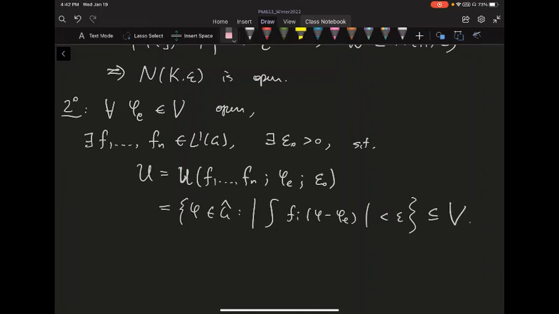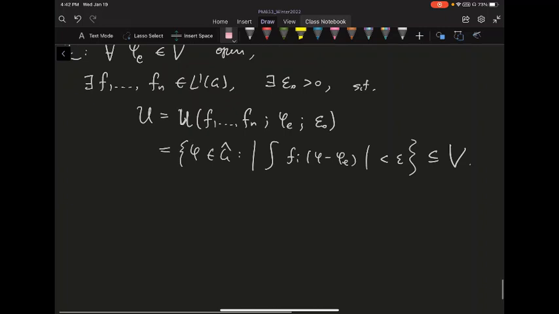Now, without loss of generality, because compactly supported functions are dense in L1 of G, you can approximate each of these fi by some compactly supported function. So let's say each of these fi are compactly supported.